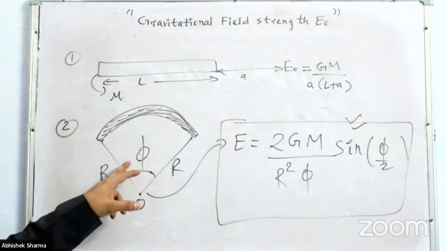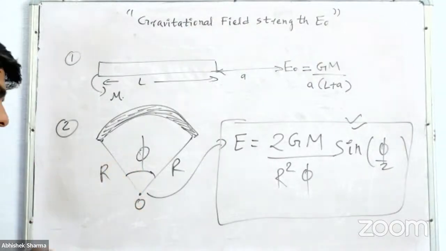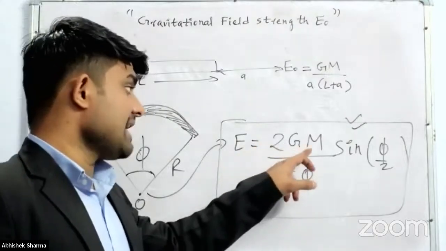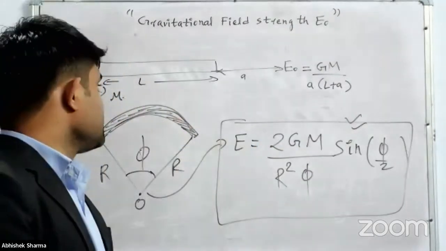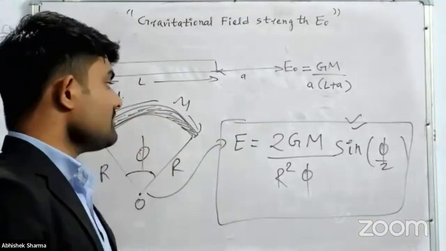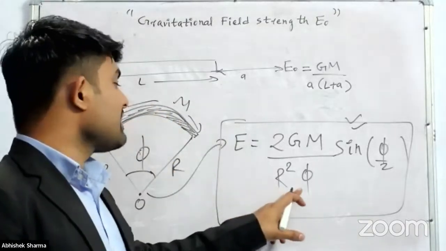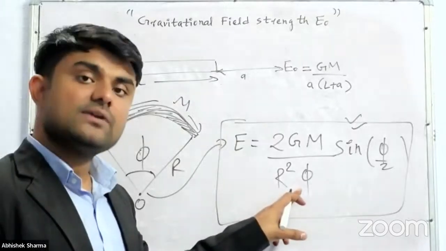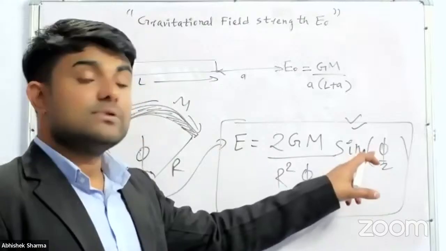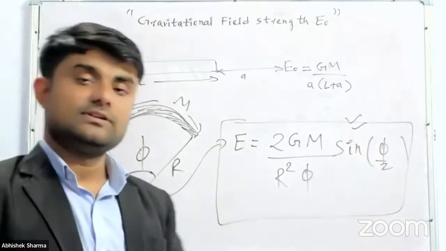So if I say the angle is 45 degrees, you write 2GM, where M is the mass of this part, divided by r square phi. Phi is 45, which means pi by 4. Sine of phi by 2 means sine of pi by 8.